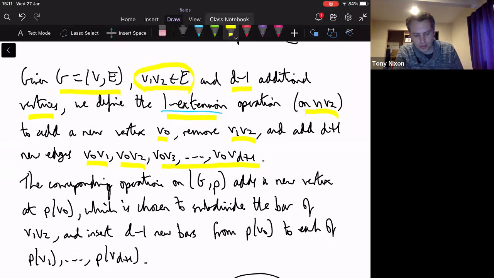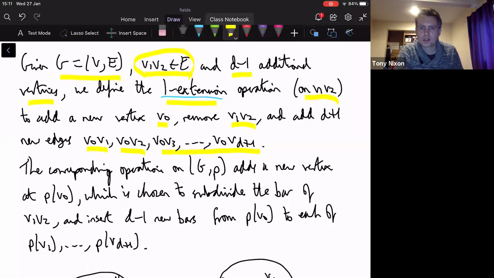Okay, and then the framework operation, I'm going to be maybe slightly unusual compared to what I would usually do. I'm going to specifically say that the framework operation imports some geometry in it. So the corresponding operation on the framework adds a new vertex V0, and we position it at PV0, but I tell you PV0 and it's something particular. So PV0 is chosen to subdivide the bar between PV1 and PV2.